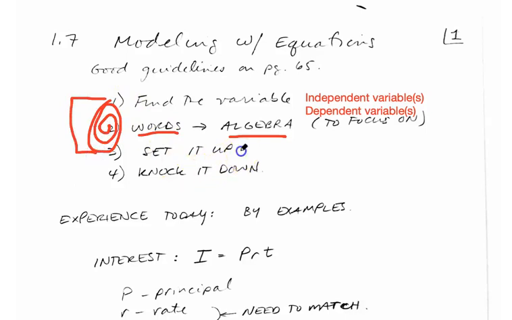Once we know we've set it up right, it's time to apply our equation solution tool belt, all those tools we have for solving equations. But if we don't have the equations correct, it goes back to garbage in, garbage out. So we want to make sure we've got the right things going in so that the output makes sense.